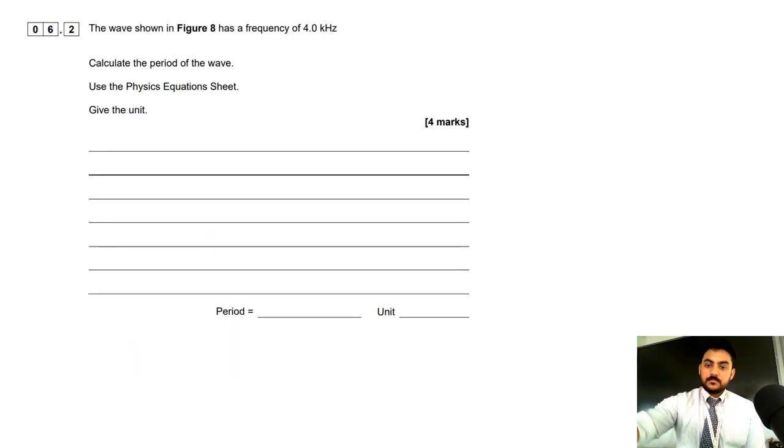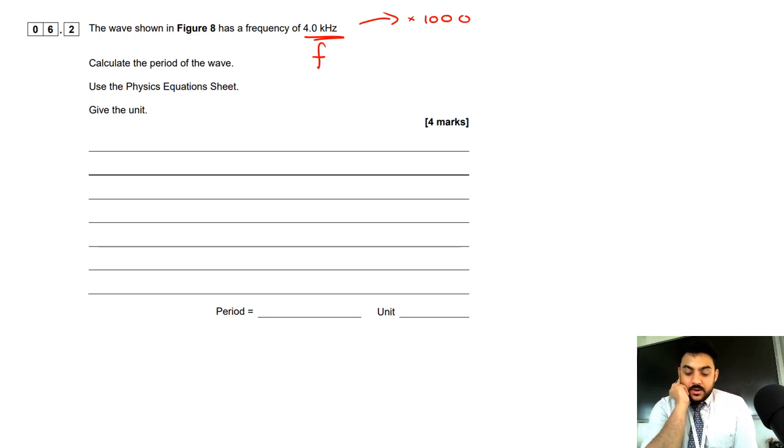Next one. So the next question asks, the wave shown in figure 8 has a frequency of 4 kilohertz. All right, so that's frequency. And kilo means 1,000 times by 1,000. Calculate the period of the wave. Use the equation sheet.